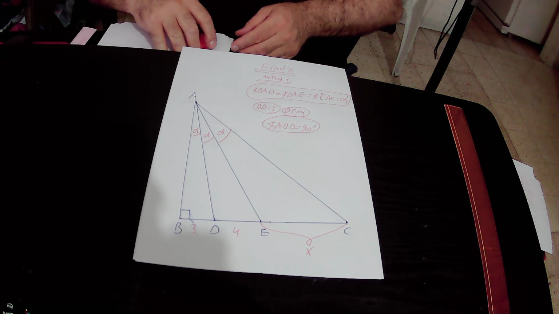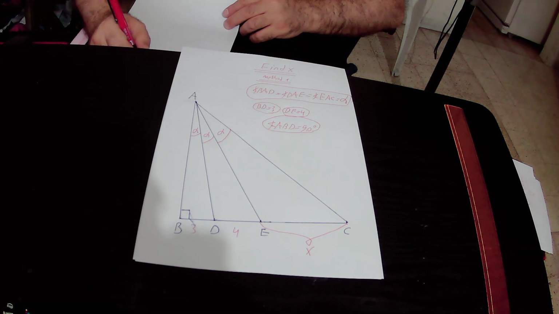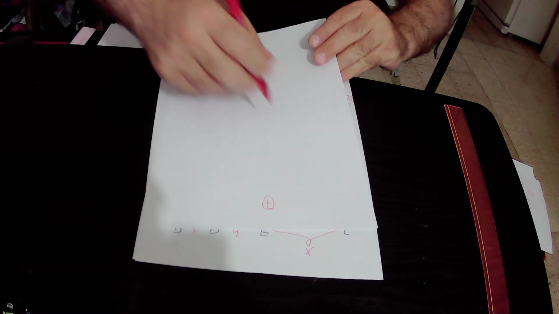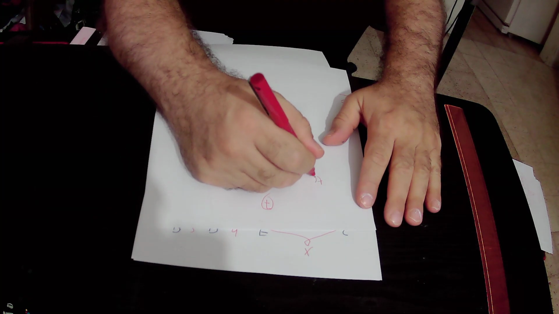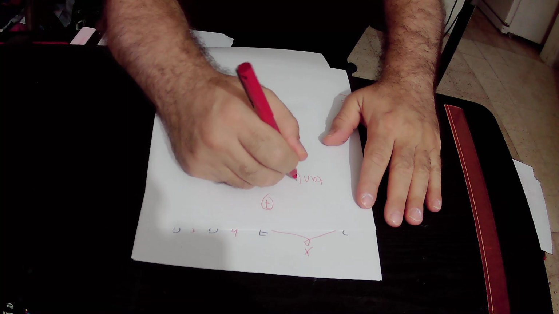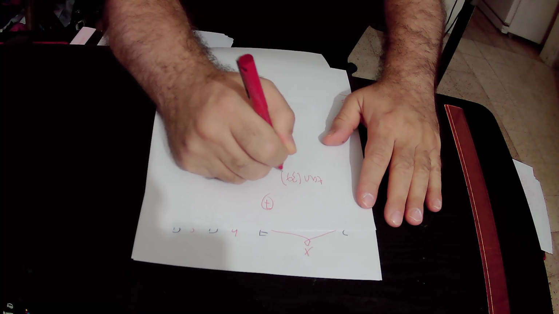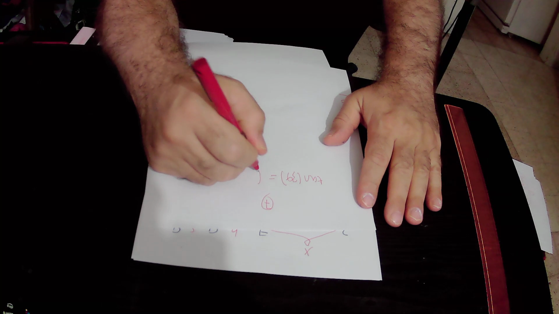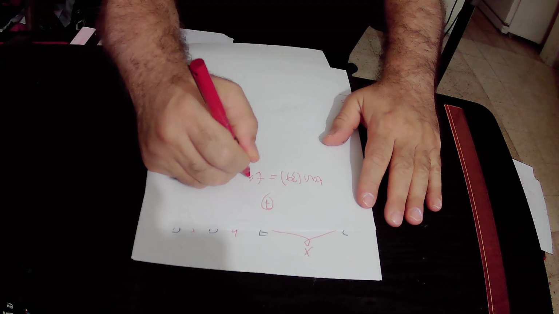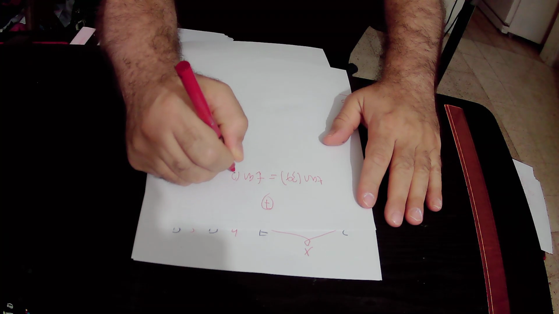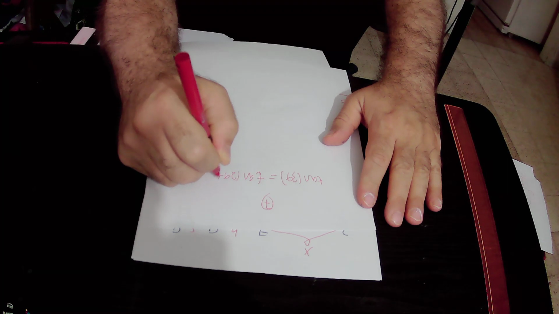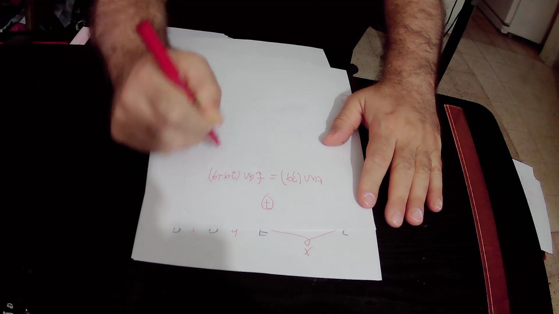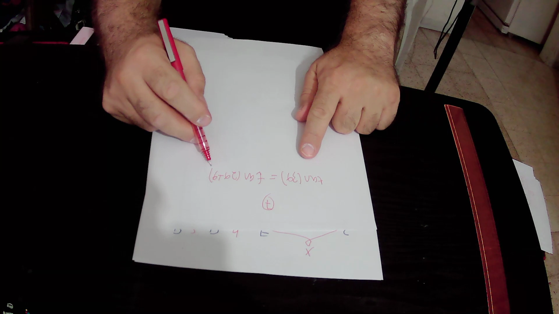But we also know that tangent 3 alpha equals tangent of 2 alpha plus alpha.